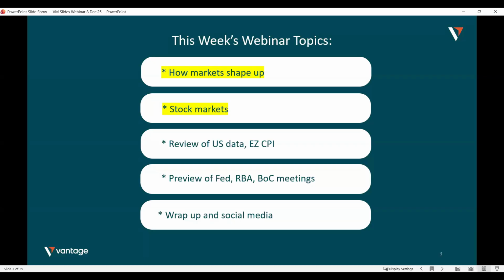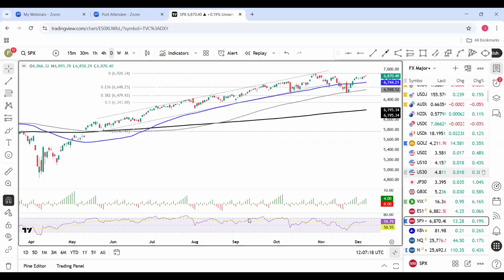Otherwise, equities, if I just pull up a couple of charts first of all. Just bear with me one second. So we've got the S&P 500. Not too much to say, really. Decent rebound from that low, which touched the grey line, the 100-day moving average at 65.98.